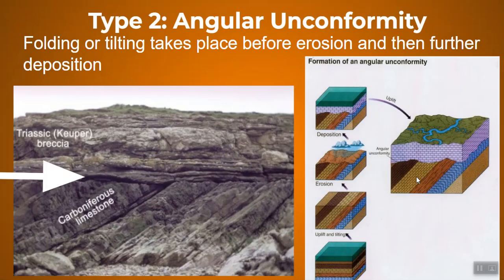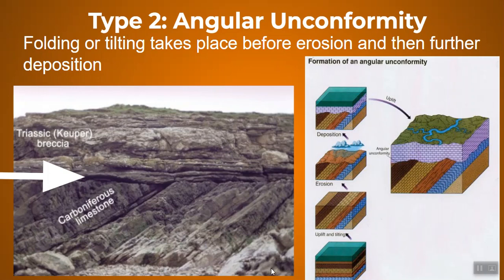You have sedimentary rocks that have then been tilted here tectonically, eroded, and then again, time moves on as always, and it becomes a depositional environment again. And we have flat-lying sedimentary rocks deposited on top. And that angular unconformity is right there between the two. Here's an actual example where we have angular sedimentary rocks overlain by flat-lying sedimentary rocks.